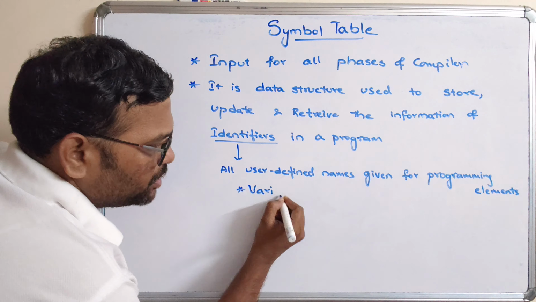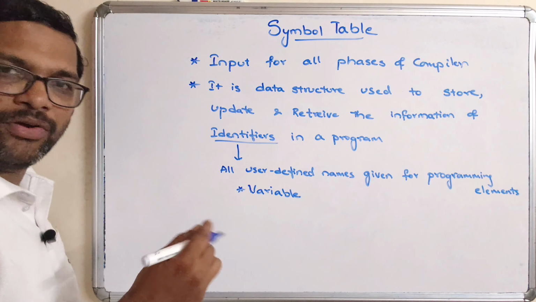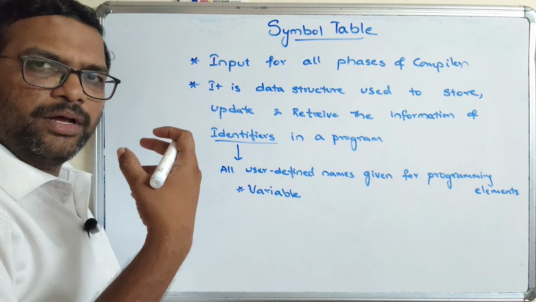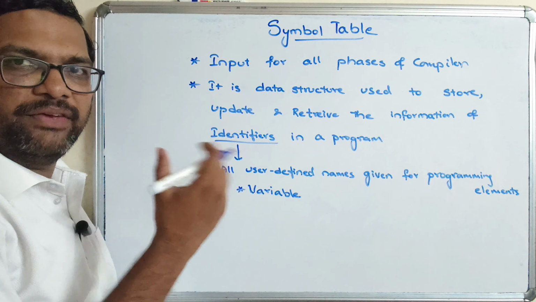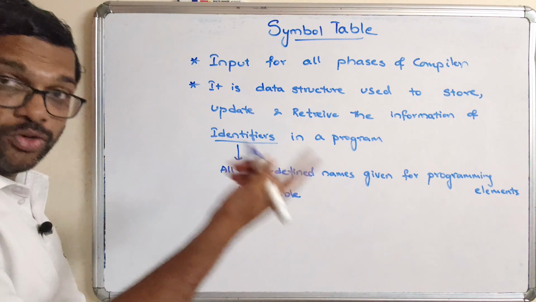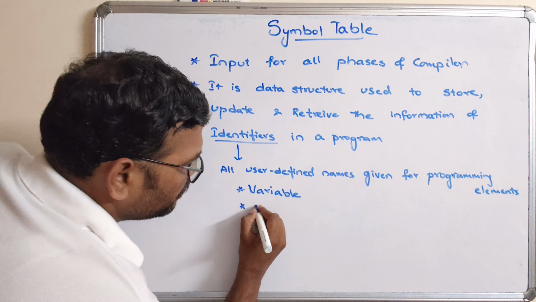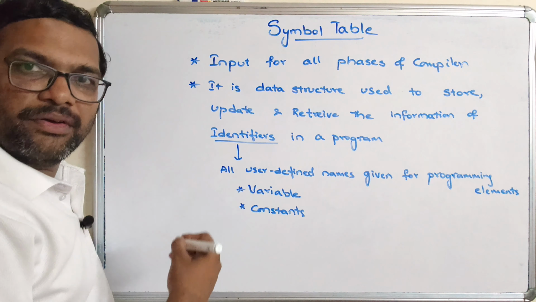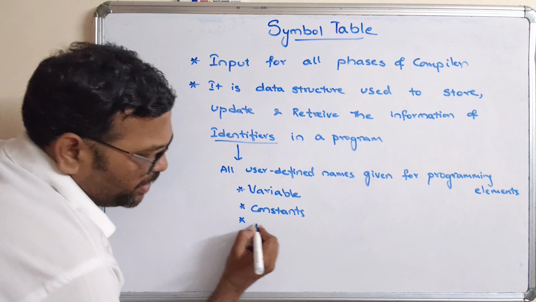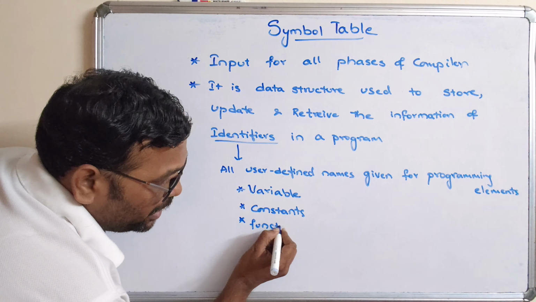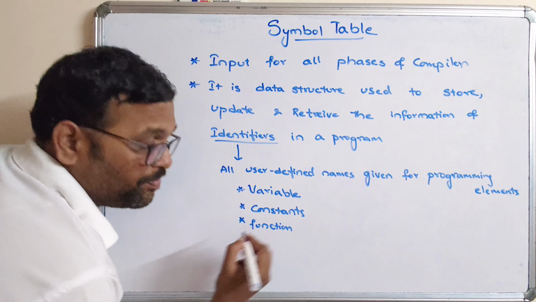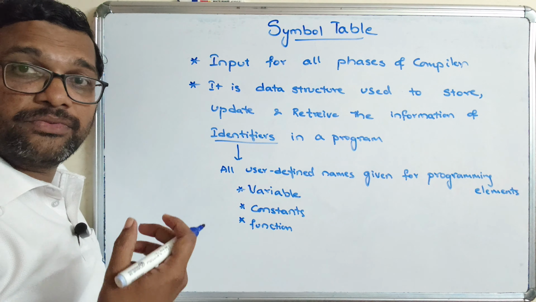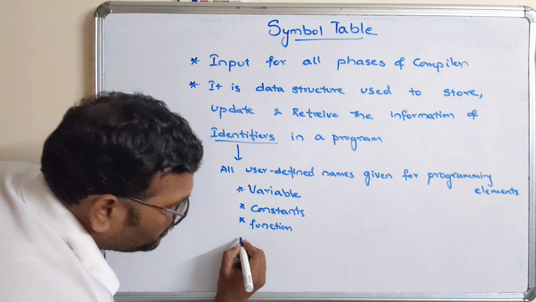variables. For variables we are supposed to give the name. We know the rules to be followed while giving the name. Similarly, constants, so the user will give the constant names. Next, function names. Even a user defined function is supposed to be given a name.